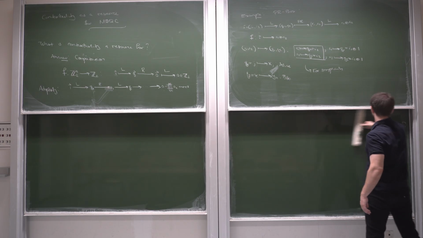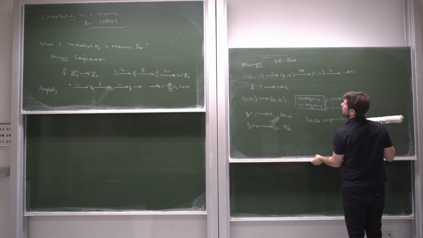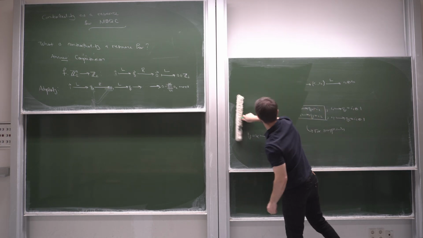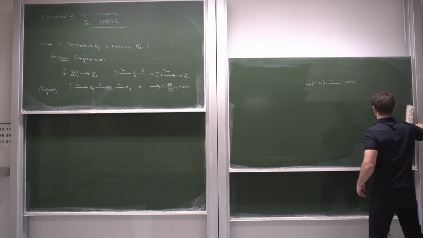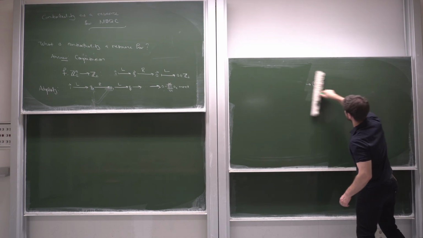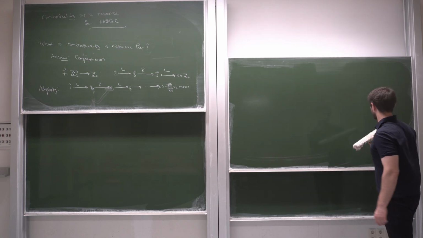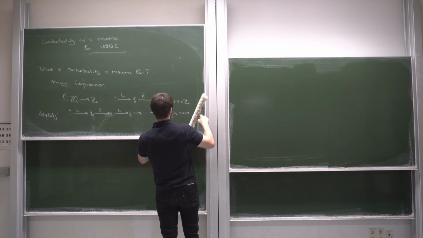The next thing that we're going to do is another example to really get down the feel for what's happening here. As you might have noticed, the PR box is strongly contextual, and this allowed us to compute, instead of an affine linear function, a nonlinear Boolean function.